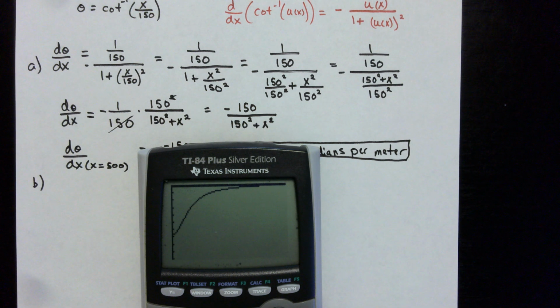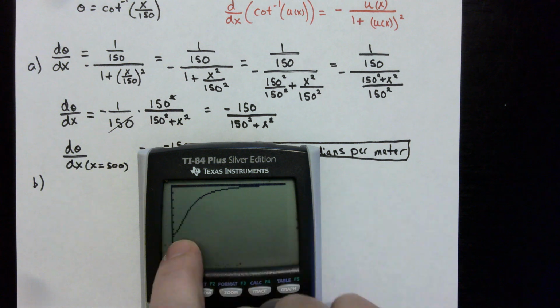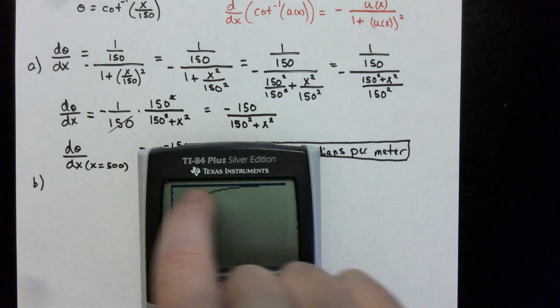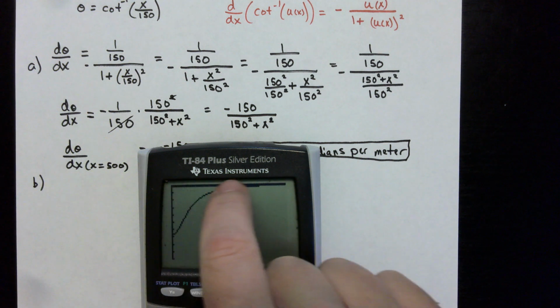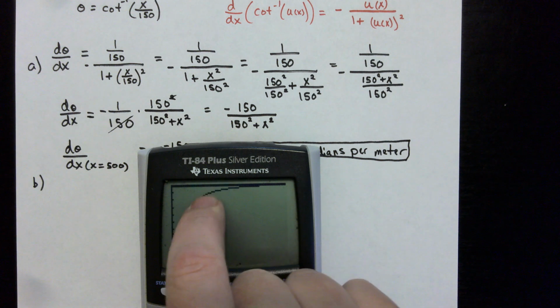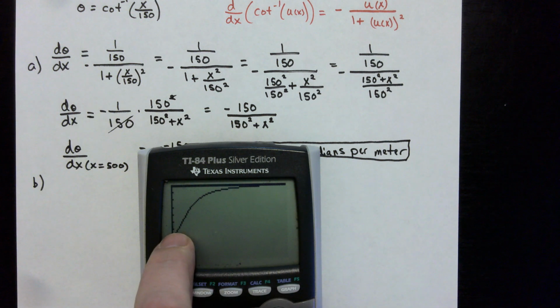Recall that I said that if you want the most rapid angular change, or change of the derivative, that's the farthest away it is from this center axis. Here's the center axis. So we can see that it's close here, and it's farther here, and it's farthest away right there on that axis.